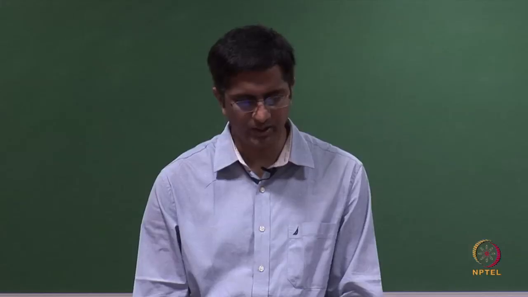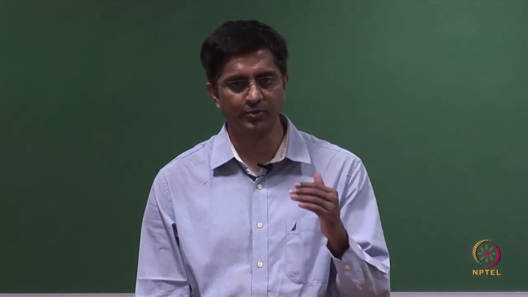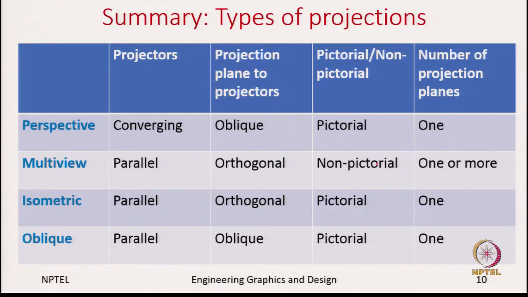Finally, in a table let us look at how these 4 projections are different from each other. On the rows we have perspective, multi-view, isometric and oblique projections. First, based on the projectors, we know that the perspectives are all converging, whereas the other 3, the multi-view, isometric and oblique, are all parallel. The second category is how the projection plane is with respect to the projectors.